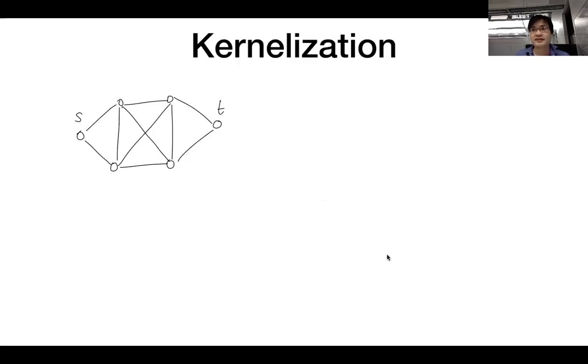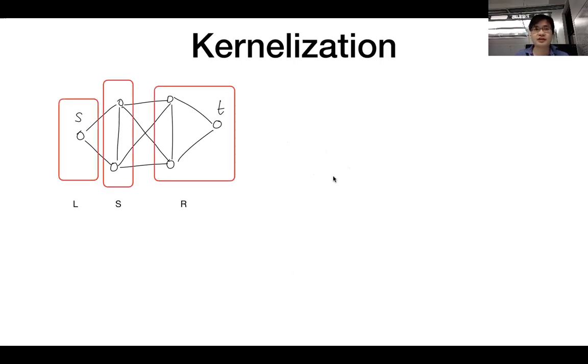Next, I'm going to tell you about the kernelization. I will show you by example. Let's say that in this particular graph, I want to compute max flow from S to T. So what would be the min cut in this graph? For example, the min cut would look like this, with L, S, and R separating in this way. S is the minimum separator that separates S and T. Okay, so here is the execution of the kernelization.